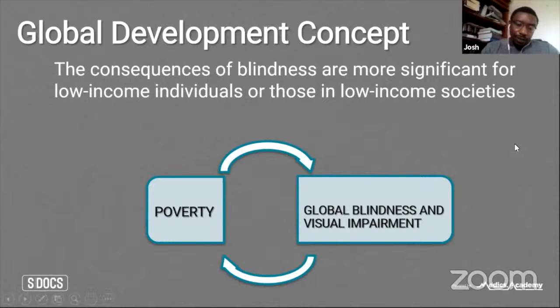So if we try and intervene with global health ophthalmology and target global blindness and visual impairment, you may well have a massive hand in helping bring people out of poverty, providing more opportunities for them, providing, in essence and in very general terms, socioeconomic development for an individual, for a population, for a country. So really, really massive potential for benefit with these interventions in global health ophthalmology.